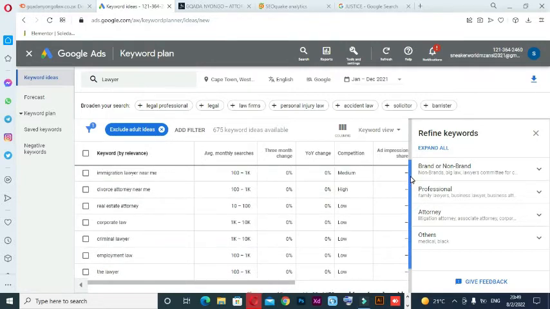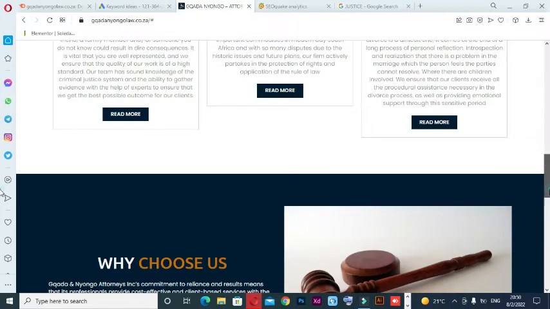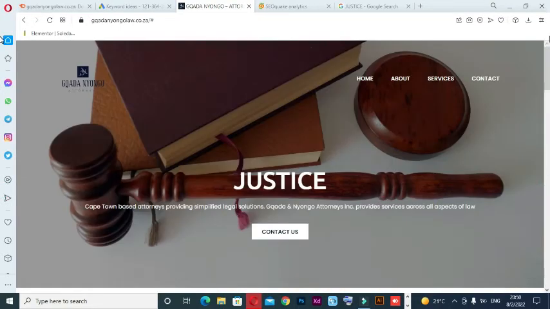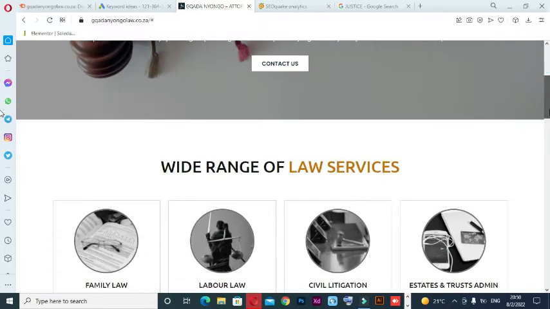We expect each and every page, especially the home page, because it's the most important page, should feature almost all these words. Then we would name each and every page, not like home, but we'll name it after a certain word, then hyperlink it, which is a strategy to win SEO.